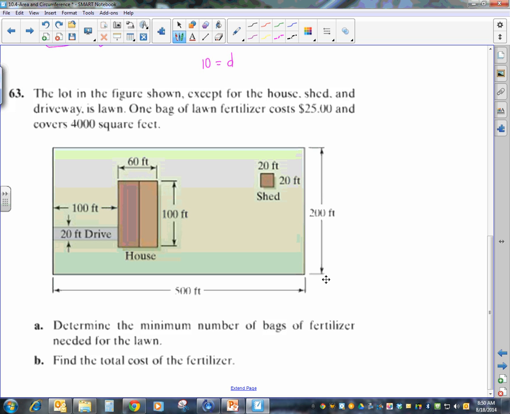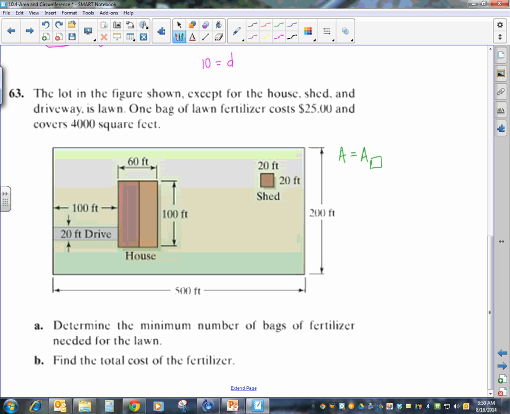So hopefully you can see that we need to find the area of everything, but we've got to take out the house, the shed, and the driveway. That means that the area that we're looking for is the area of the lot, which is a rectangle, right?